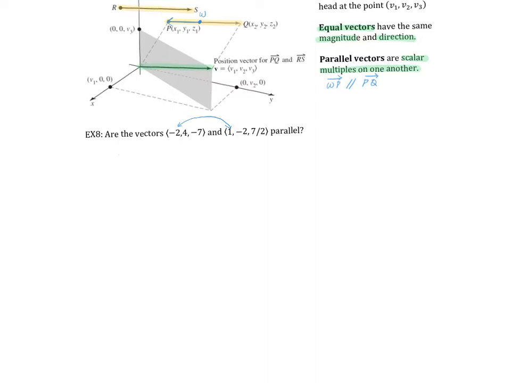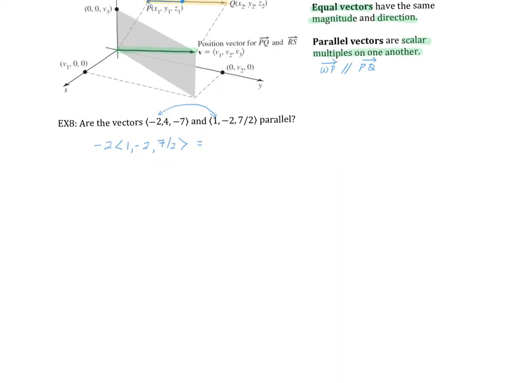So if I take -2 and multiply it by 1, -2, 7/2, do I get the other vector? Well, this would give me -2, +4, -7. So yes, these are parallel.